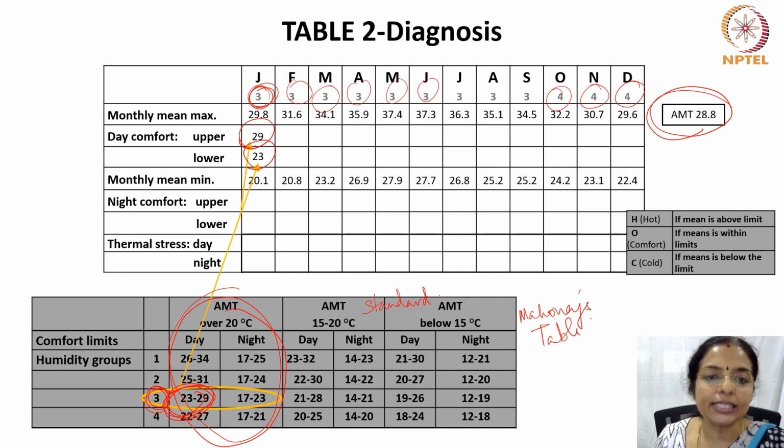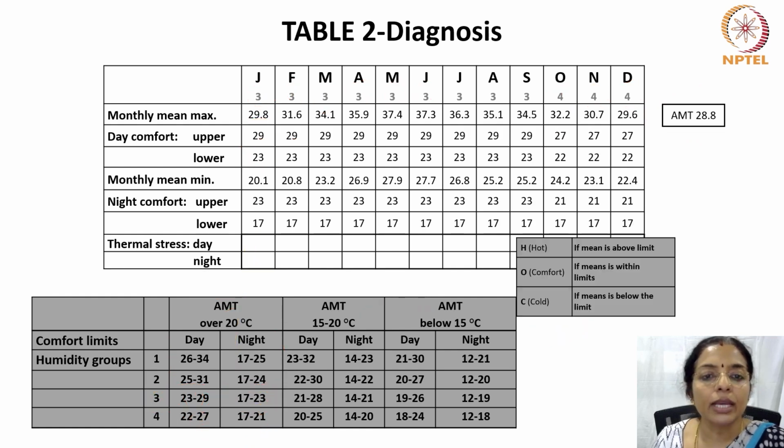Like this, you write for each of the month. And again, for the same thing, you write the lower limit. For night comfort, what is the lower limit? It is 23 degrees and 17 degrees. Like this, you fill this entire row.